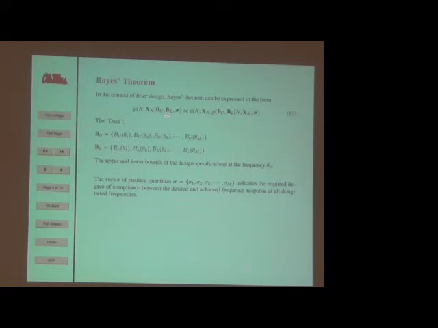And this is given my desired amplitude response. And I have to define some sigma that tells me how important it is to meet the requirement at each step frequency across the range.